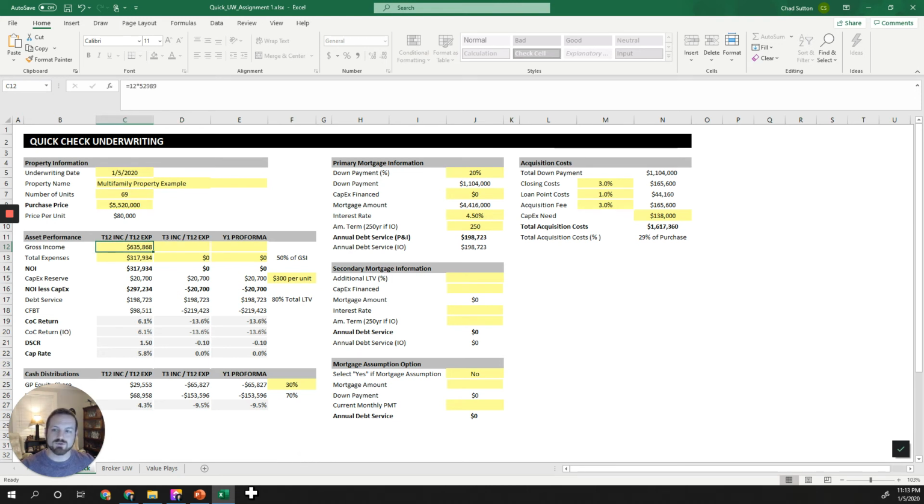Because most sellers are savvy enough to know that if they're positioning to sell, they want to start boosting that net operating income, and maybe even start flipping a few of the units, maybe up to 20%, to prove the concept that the market can support the rents they're asking for. I don't have it on the rent roll here, but if we had that information, that's where it would go.